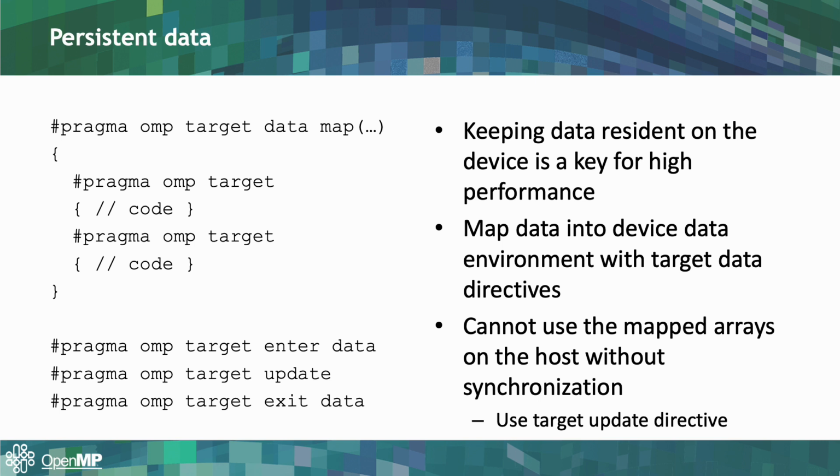Now the final piece of the puzzle is to keep our data staying on the device for as long as possible and not move it around between the host and the device unnecessarily. This is really important for high performance. Now typically the interconnects between CPUs and GPUs have been much lower bandwidth, much lower performance than the interconnects between the device and the device's own memory.